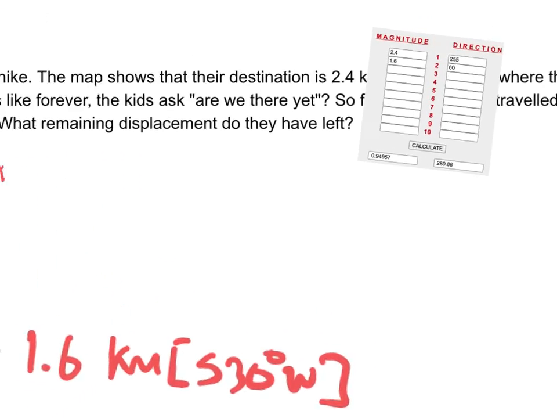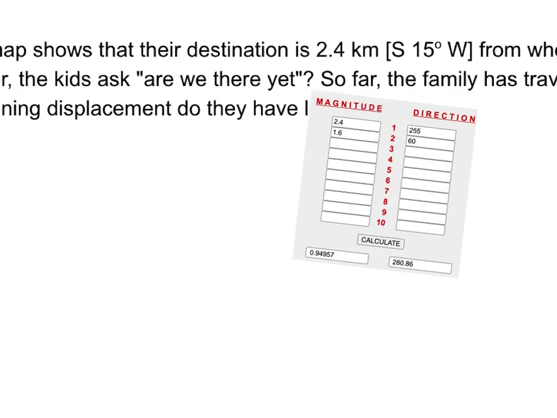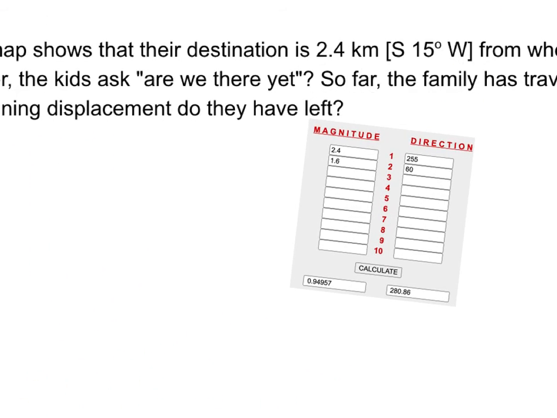So just try to expand it so you can see it for a second here. So I put in those values that I said, and it's coming up with the answer of 0.95 for the magnitude, and then 281 degrees for the direction.